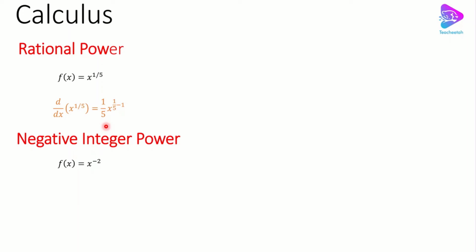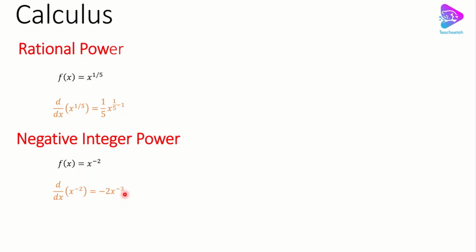Similar to the previous problems, we have to bring this power to the front of the variable, to the left side. So the answer is going to be minus 2 times x, and the power is going to be reduced by 1, so the answer is going to be minus 3. So the derivative of this function is minus 2 times x to the power of minus 3.